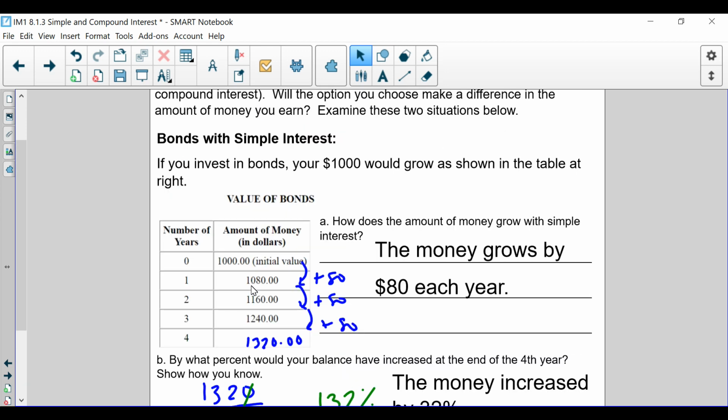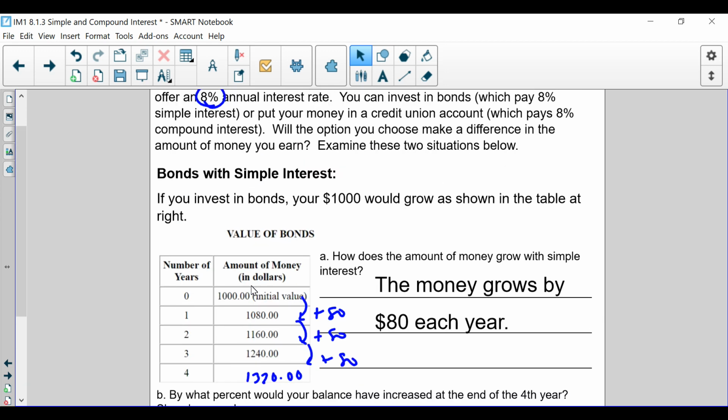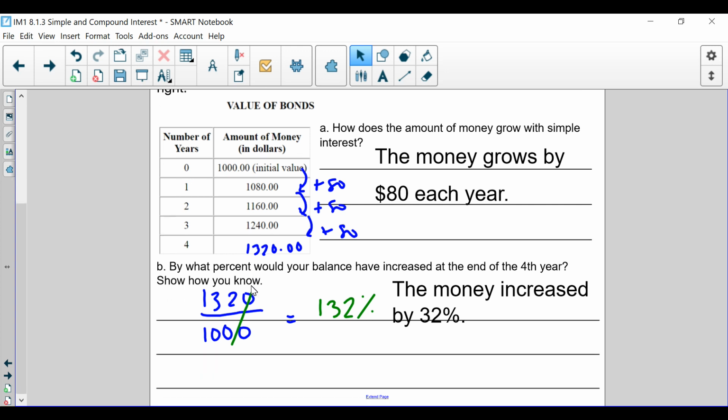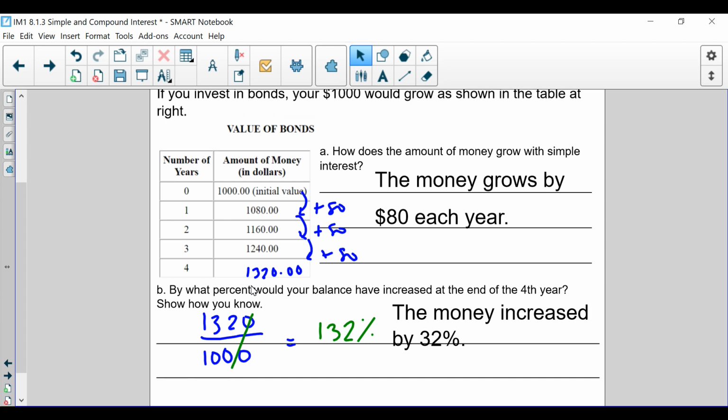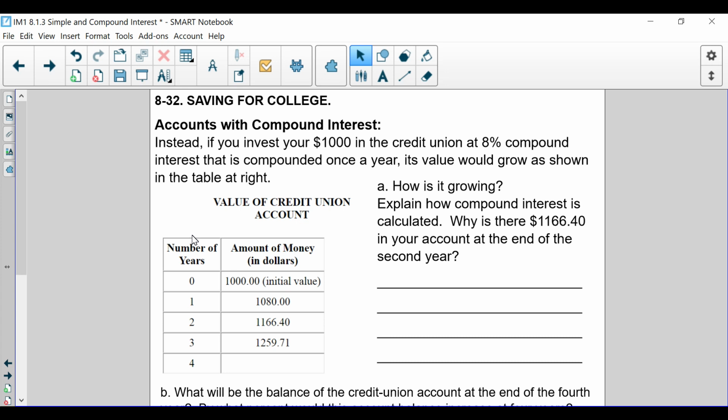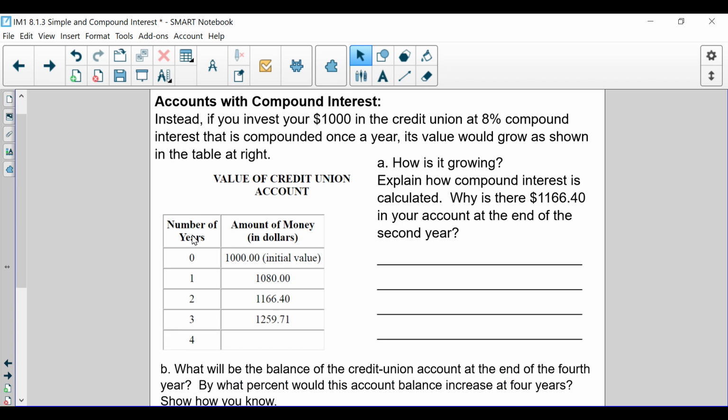All right, so now what we're going to do is figure out, what about compound interest? How much did compound interest grow by? So let's find out. Okay, so compound interest means that instead of adding by the same amount, we're multiplying by an amount.